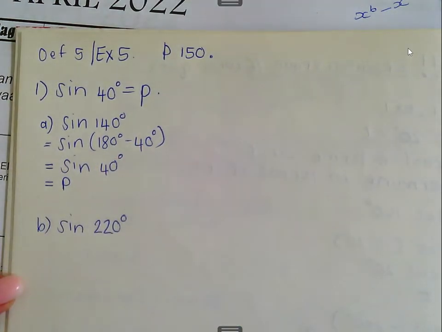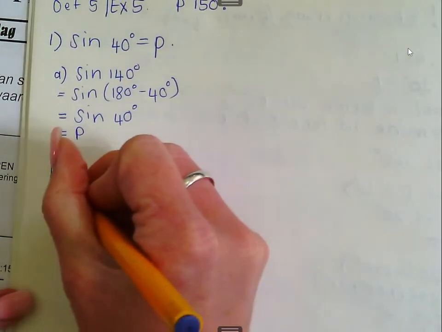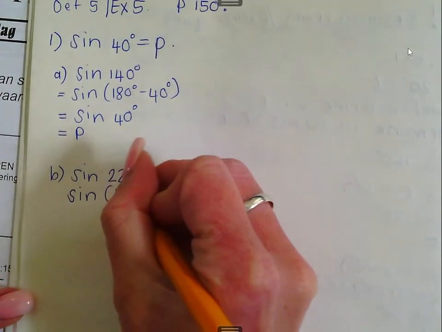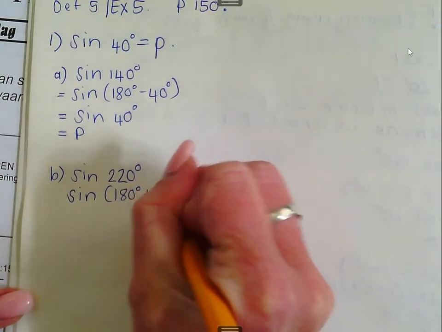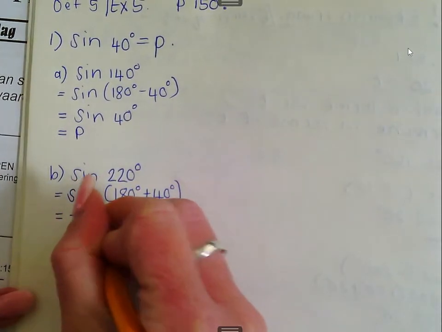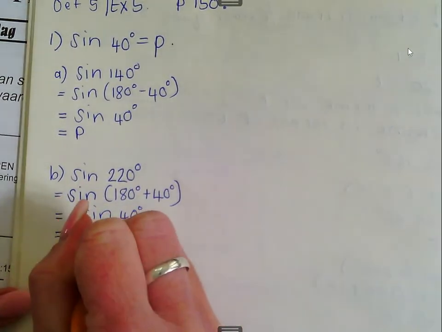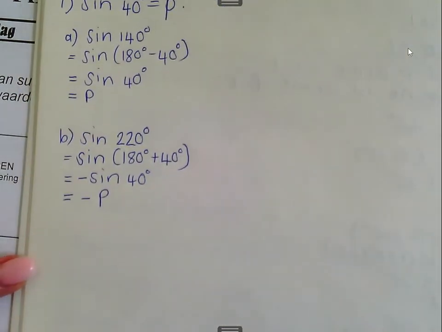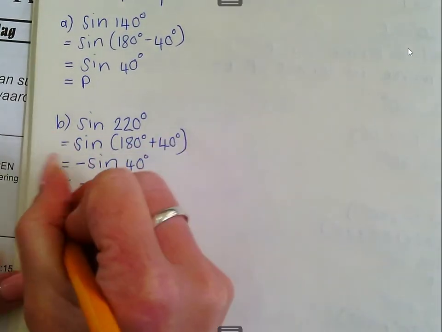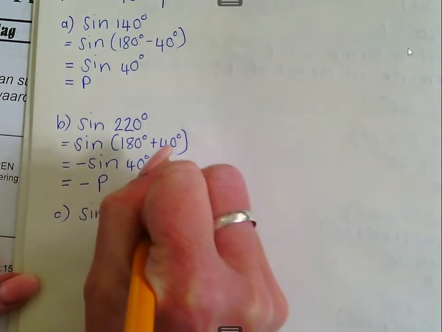Right. B. Sin 220. Please rewrite 220 for me. Which quadrant is this? Third. What is sin in the third? Negative. So it's negative sin 40 degrees and therefore it will be negative P. C is sin negative 140.